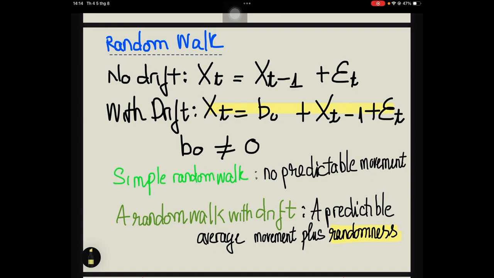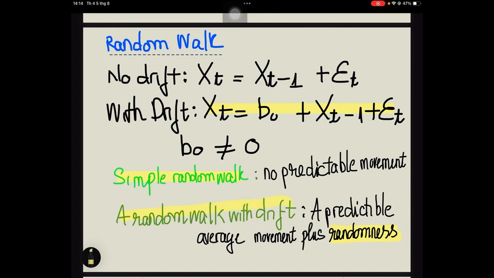For example, a country's GDP may generally increase over time, but yearly changes still contain unpredictable shocks. The drift captures the long-run direction, and the random error captures unexpected fluctuations. So we have two versions: a simple random walk, with no predictable movement, and a random walk with drift, a predictable average movement plus randomness.